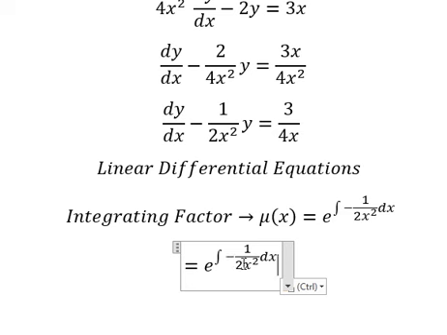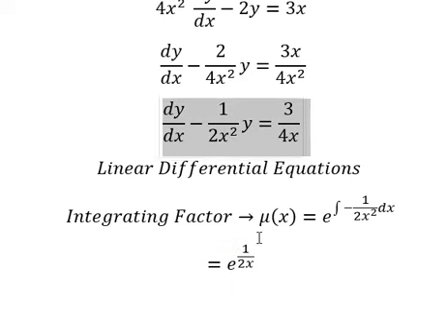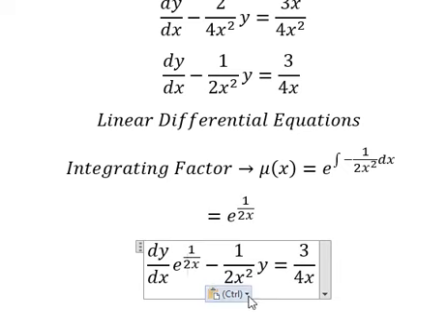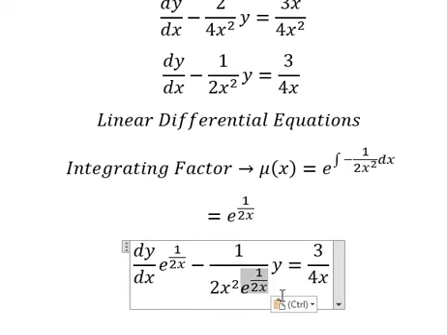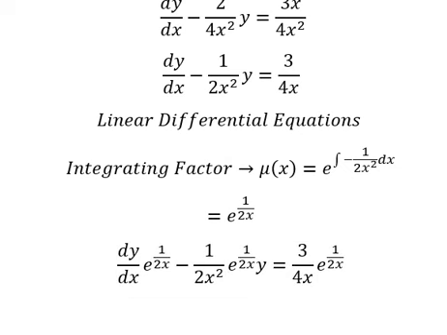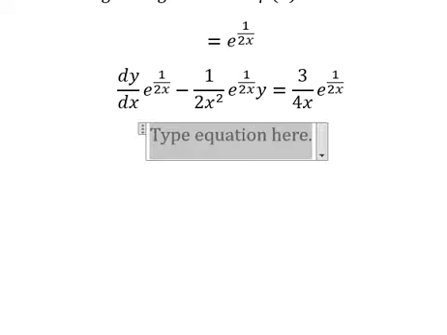So the integration of -1 over 2x squared, that is about positive 1 over 2x. That means we need to multiply both sides by this one. Next, I will put the integration for the both sides.